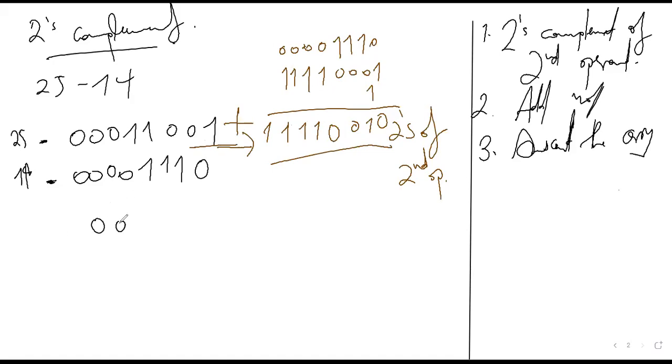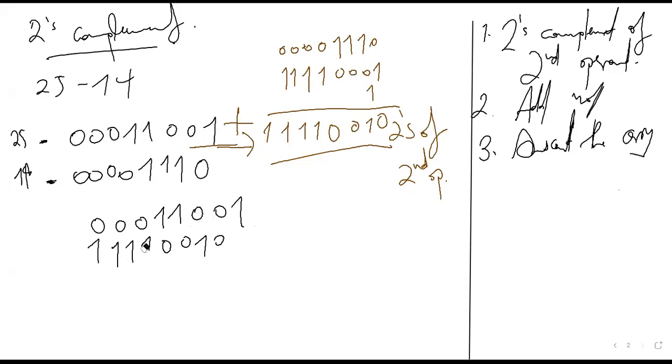So we have 0, 0, 0, 1, 1, 0, 0, 1, plus 1, we're adding with this one. 0, 0, 0, 0, 1, 0. What happened there? 1, 1, 0, 0, 1. And this one, 0, 0, 1, 0.